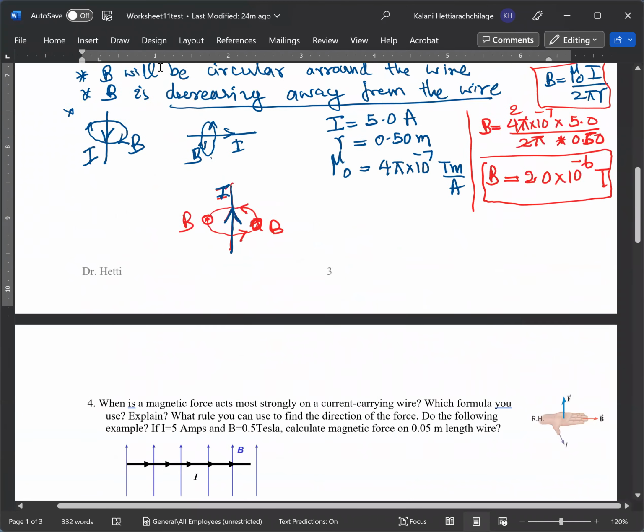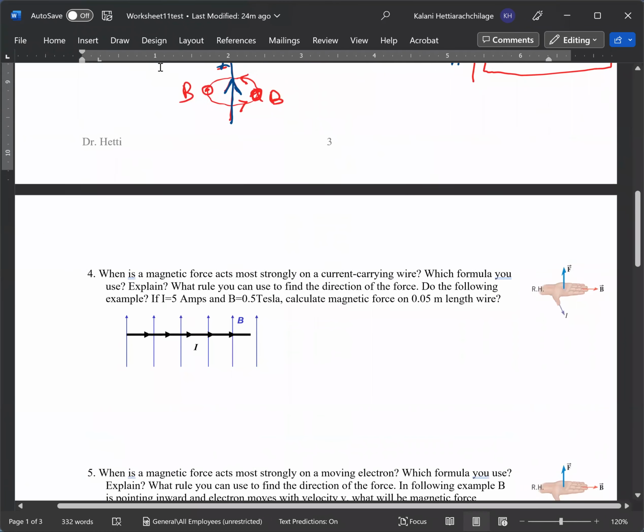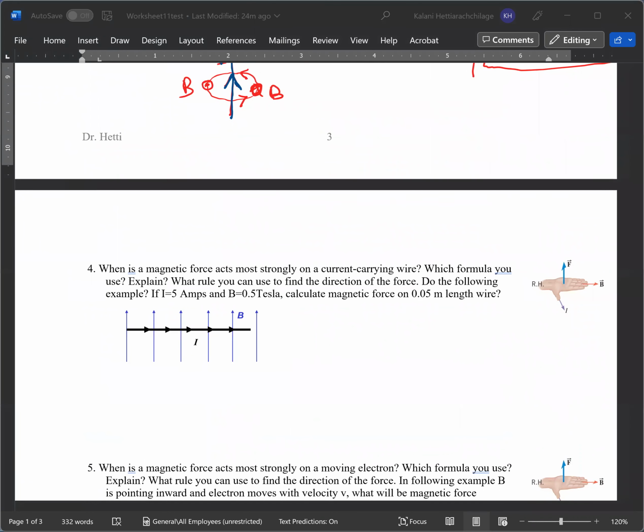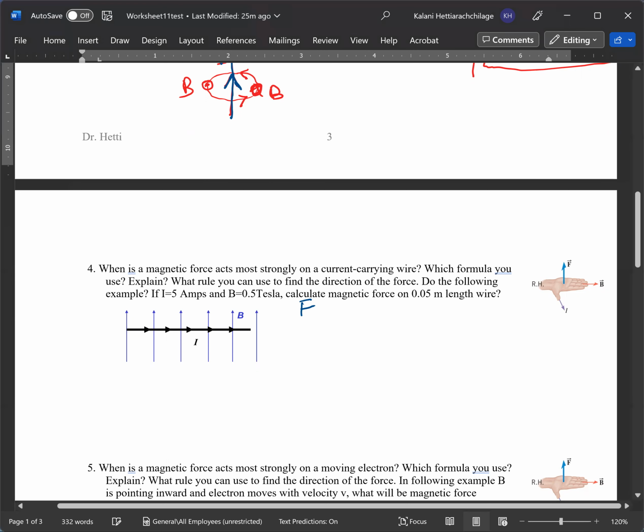Let's move into number 4. In number 4, we're going to practice your second right-hand rule. When does the magnetic force act most strongly on a current carrying wire? Which formula do you use? Explain. Okay, so now you have a current carrying wire inside the magnetic field. You remember that we talked about the magnetic force on a current carrying wire equal to I L B sine of theta.